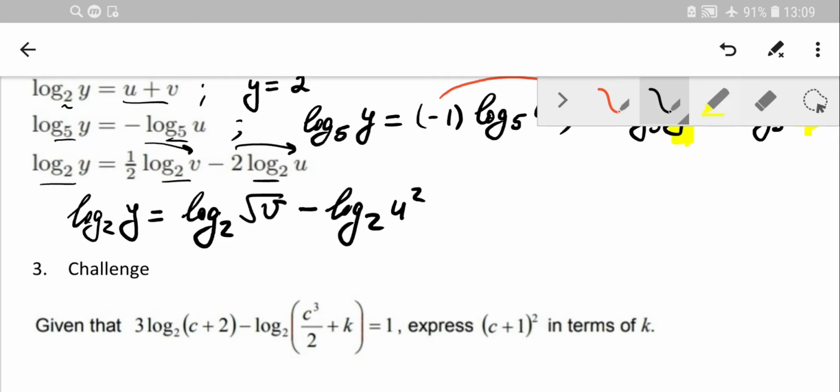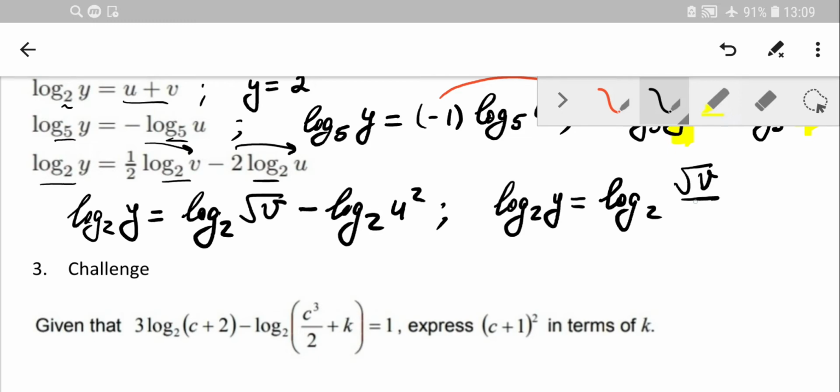Okay, and because we have subtraction, I simply can do the following. Log 2 y equals log 2, and because we have the difference, I'll apply the property for difference of logs, and that means I will have division, square root of v over u squared.